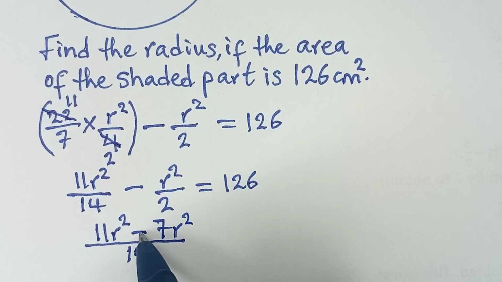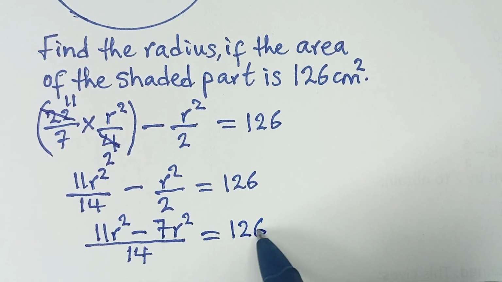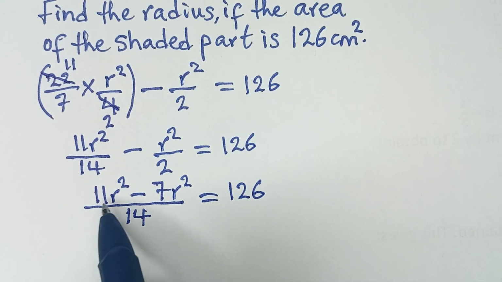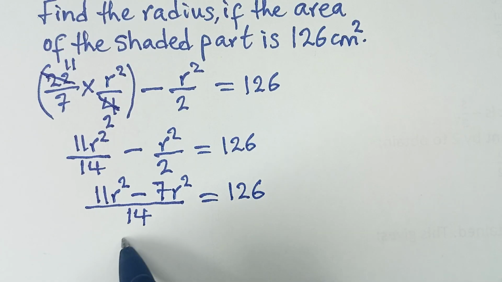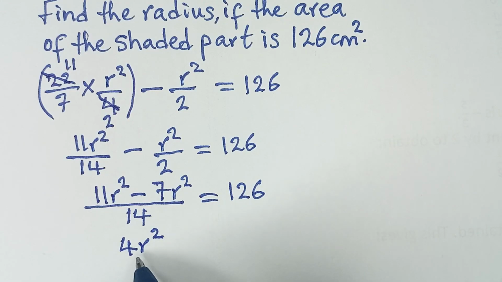Don't forget the negative sign there. And that is equal to 126. So I have 11 r square minus 7 r square, which gives us 4 r square. Don't forget they are like terms. So 11 r square minus 7 r square gives us 4 r square.